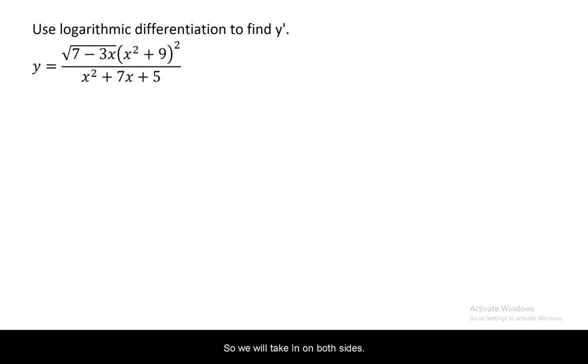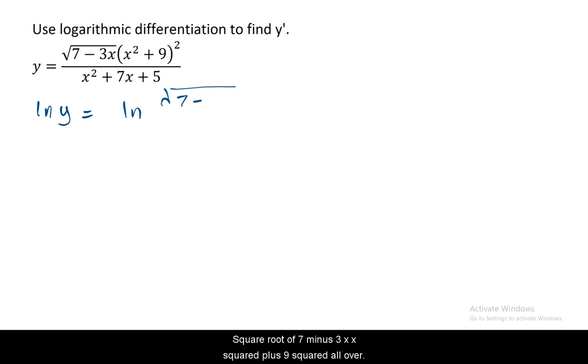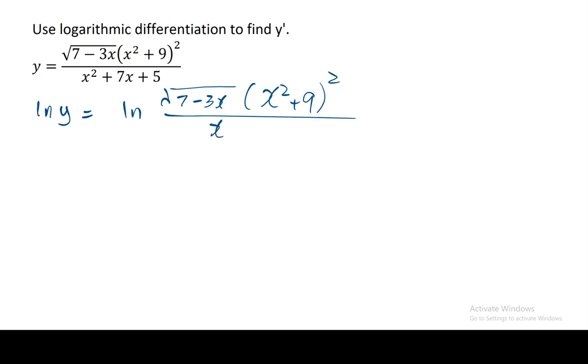So we have ln of y equals ln of the other side, square root of 7 minus 3x, x squared plus 9 squared, all over.